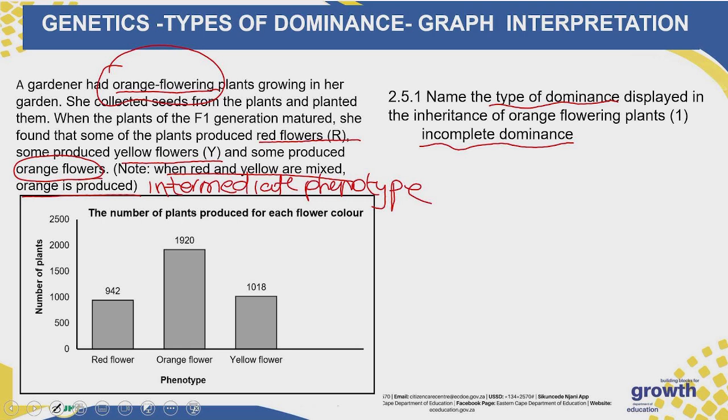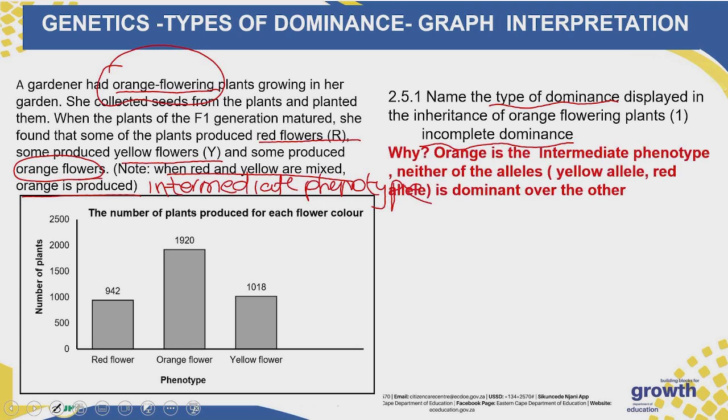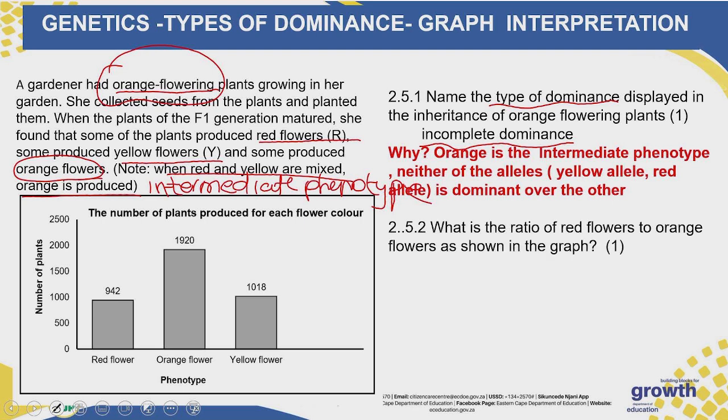Why is it incomplete dominance? Because orange is an intermediate phenotype. Neither the yellow nor the red allele is dominant to the other, so they form an intermediate phenotype when they exist together. Now, what is the ratio of the red flowers?